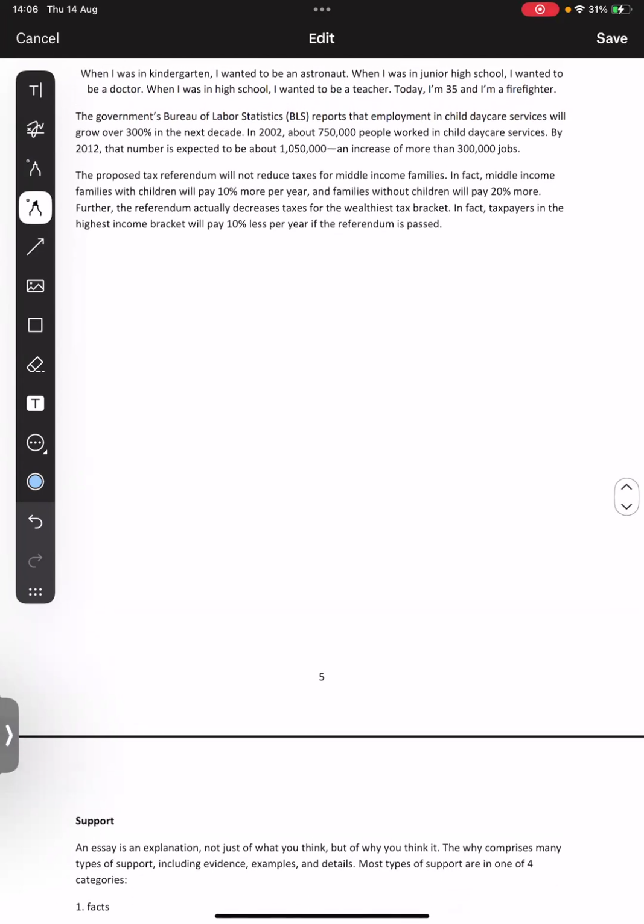It says here, when I was in kindergarten, I wanted to be an astronaut. When I was in junior high school, I wanted to be a doctor. When I was in high school, I wanted to be a teacher. Today, I'm 35 years of age and I am a firefighter.